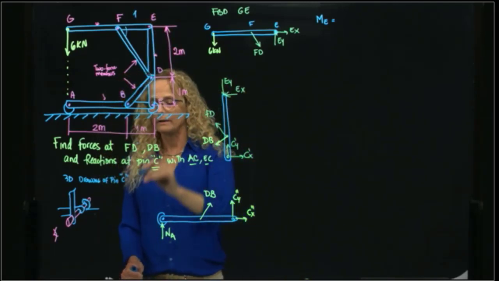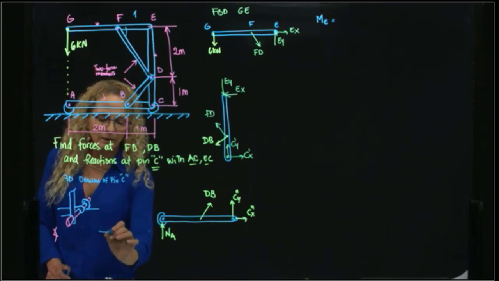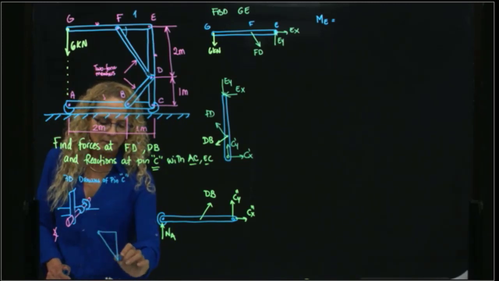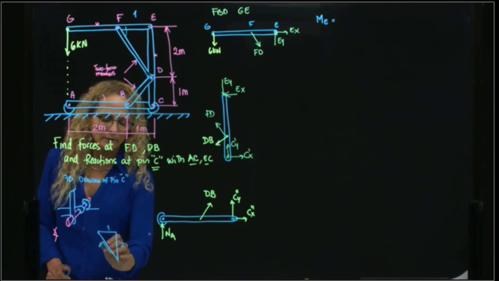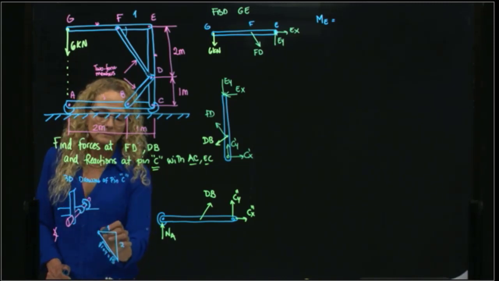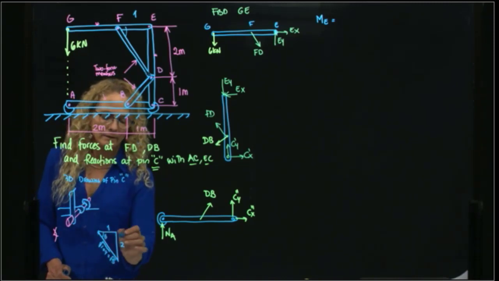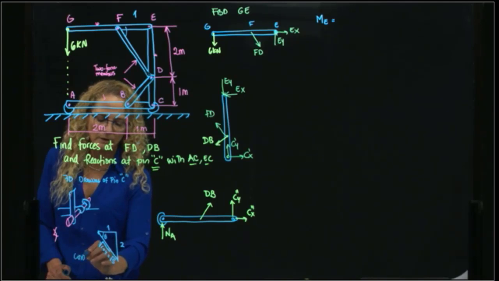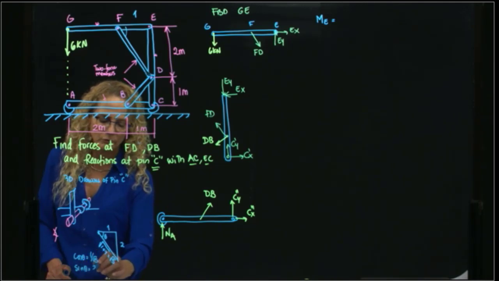So let me analyze that triangle over here. This is 1, this is 2, therefore this is 1 plus 4, which is square root of 5, right? So this angle is named theta. The cosine of theta will be 1 over square root of 5, and the sine of theta will be equal to 2 over square root of 5.